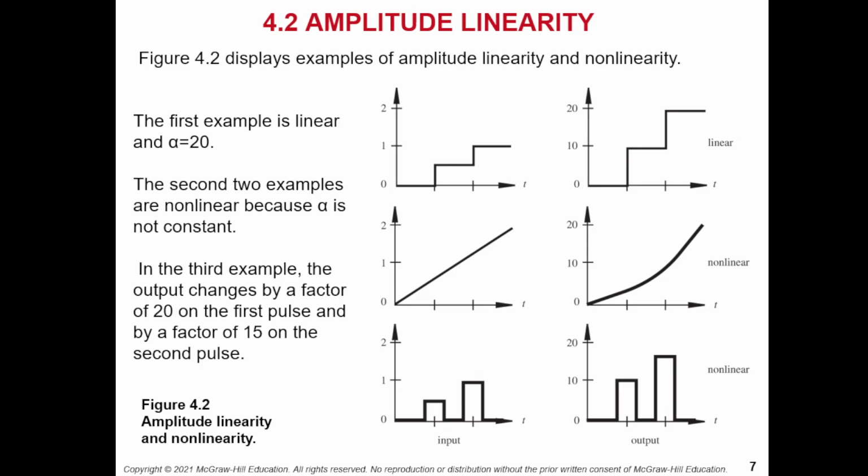Alpha is output divided by input, right? I don't know if this is voltage or not, but it doesn't matter. Output is 10, input is 0.5. So what's the factor here? 20. Yeah, 20.